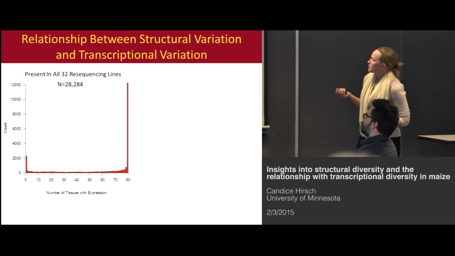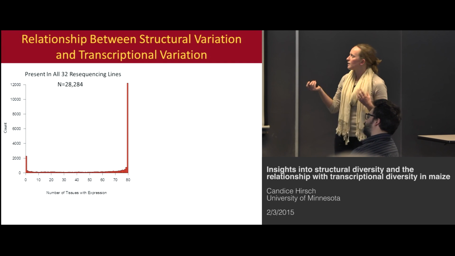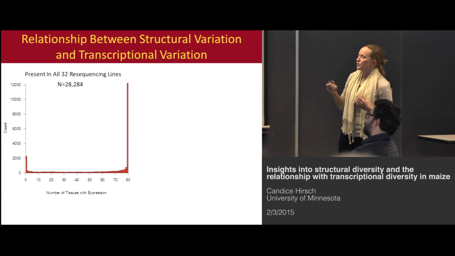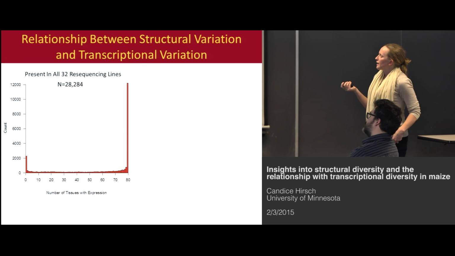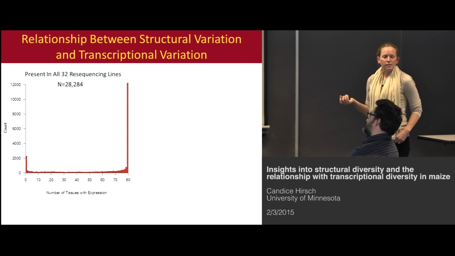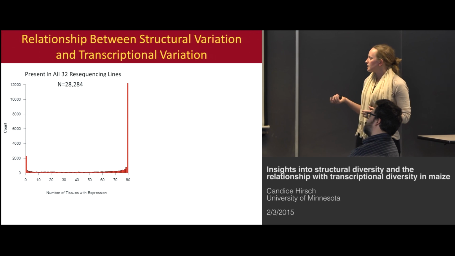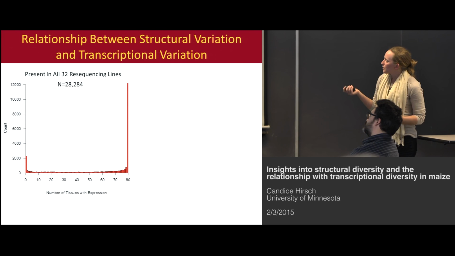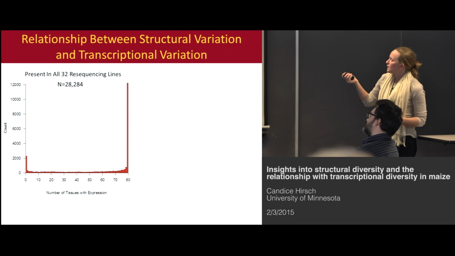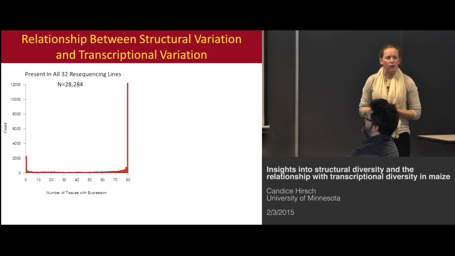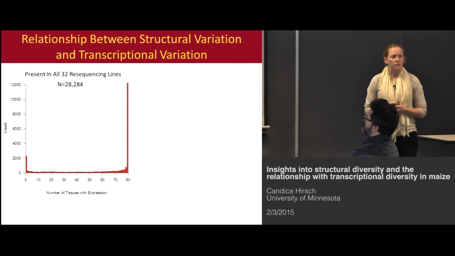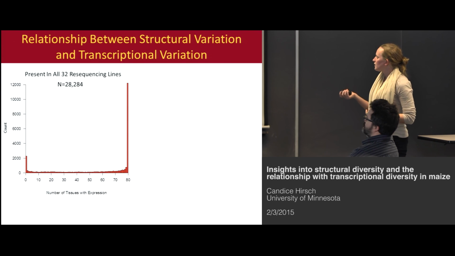So if we take our genes, and I'm jumping now to looking at the 32 resequencing lines where we call presence-absence. If we take genes that appear to be present in all 32 lines and we look at their expression in the atlas, for number of tissues with expression, we see that if they're present in all of the individuals, they tend to also be expressed in all or most of the tissues in the atlas. Okay?